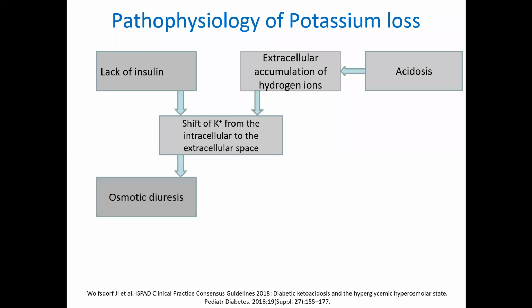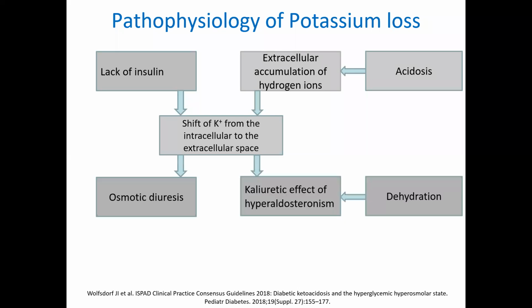So once this happens, this potassium is then lost either via osmotic diuresis, or because the patient is dehydrated, we end up with activation of the renin-angiotensin aldosterone system. Aldosterone usually increases loss of potassium in urine. So when you have hyperaldosteronism, you end up with kaliuresis.